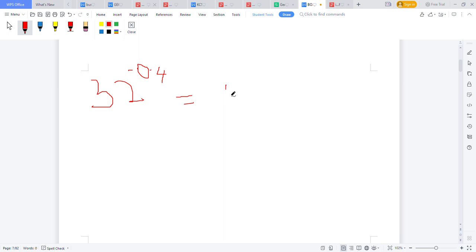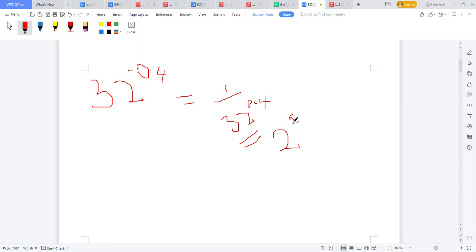So you're going to have 1 over 32, which is now raised to 0.4. But remember, 32 is the same as 2 raised to power 5.